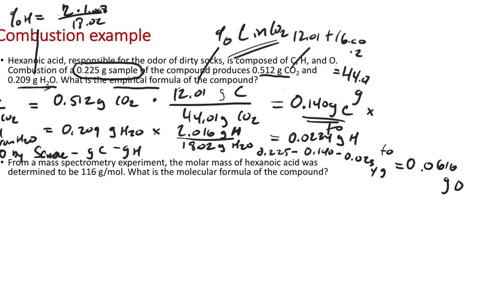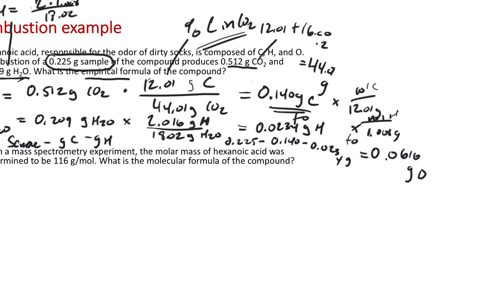but we could also just convert these to moles. I could go 12.01 grams per mole of carbon, 1.008 grams per mole of hydrogen, and then oxygen, 16.00 grams per mole of oxygen. And I can work those ratios out.